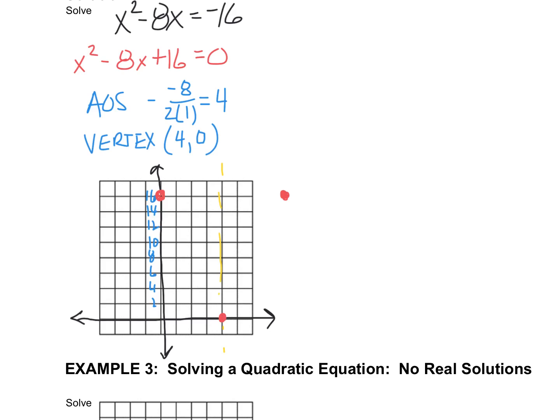So if I was to pick, I don't know, 3, because we were at 4 for the x. When 3 goes in, I would get 3 squared minus 8 times 3 plus 16. That would give me 9 minus 24, which becomes negative 15, plus 16 is 1.